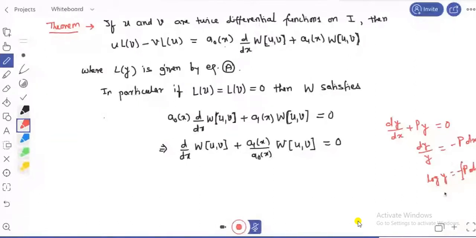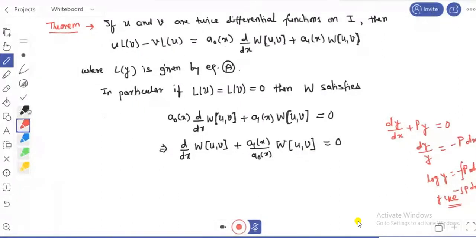Okay, so what is your y? y is exponential of minus integral of p dx, plus an arbitrary constant. So here this is a k. Okay, so from the variable separable method you can solve this type of differential equation.